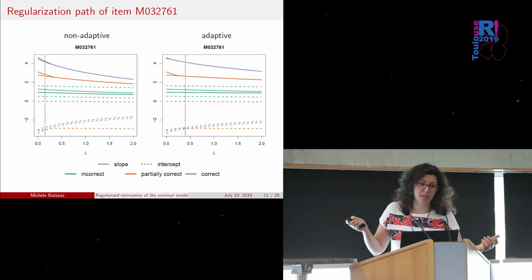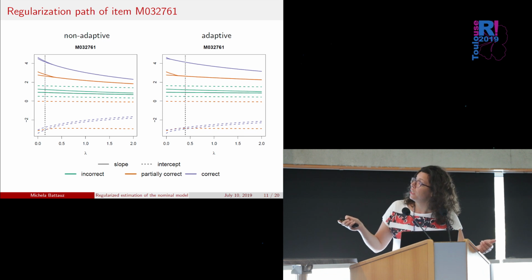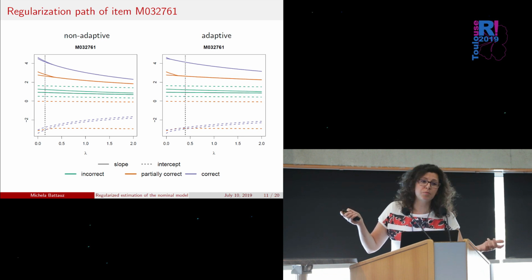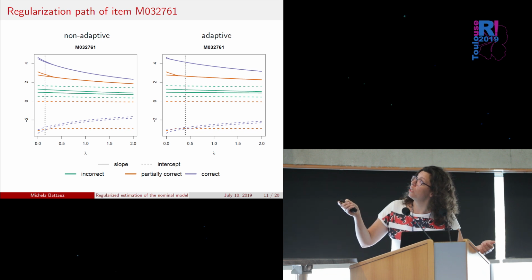And these are the estimates of the parameters at different values of lambda. So we can see that these are the slopes of the 2 correct responses, and we see that they are fused together using the non-adaptive penalty and also using the adaptive penalty. Okay? Also, the 2 partially correct responses are fused together, while the 2 incorrect responses are not.